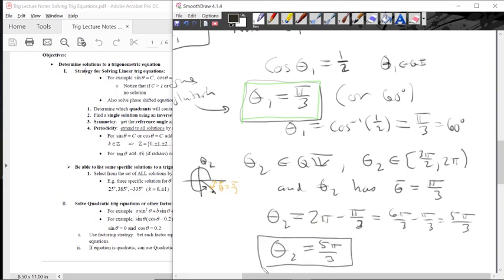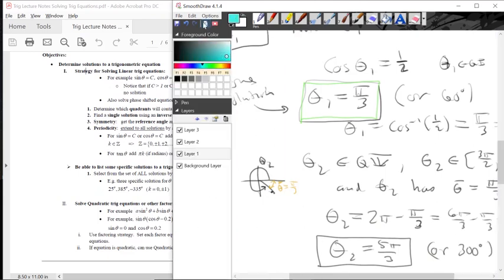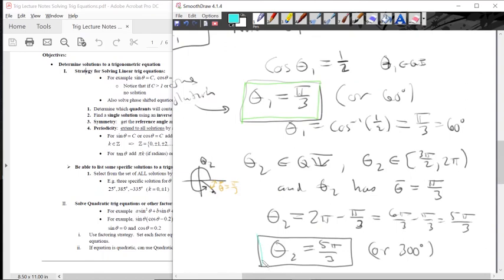Or that would be 360 degrees minus 60 degrees, which is 300 degrees. That would be our blue solution from up above. This is our quadrant 4 solution, between 0 and 2 pi.